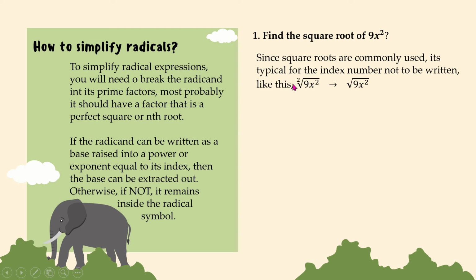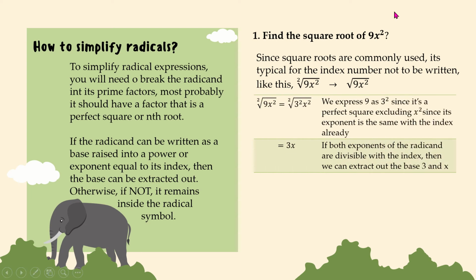Like this one, nasulat ang index 2, can also be written in this way na walay index 2, nasulat ra square root symbol 9x squared, pero understood kung ang index, the lowest index is 2. So, solution.